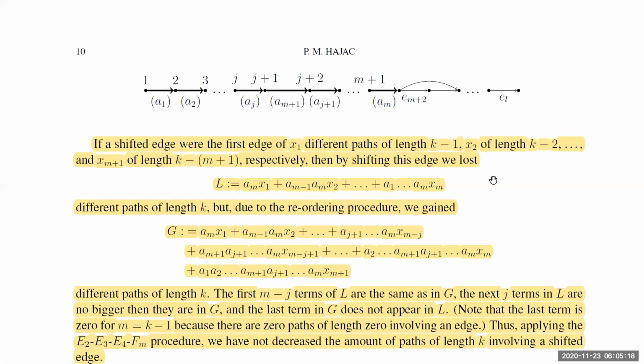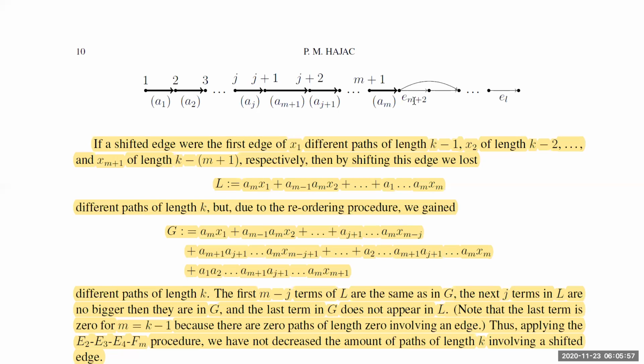Okay, so then with this notation for x's, we can count the amount of paths that involved the shifted edge that we lost. So we pick up a shifted edge and we count the number of paths of length k that involved this shifted edge and that we lost in our procedure. Of course we didn't lose any paths of length k that start with this shifted edge, because the shifting doesn't do anything to such paths.